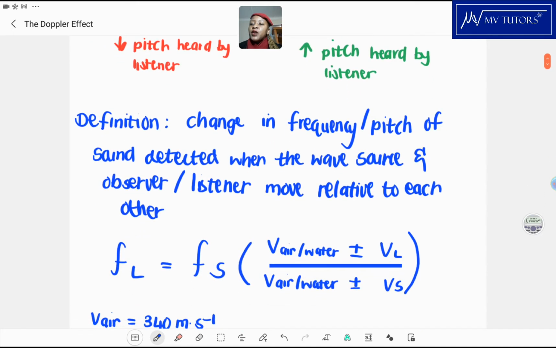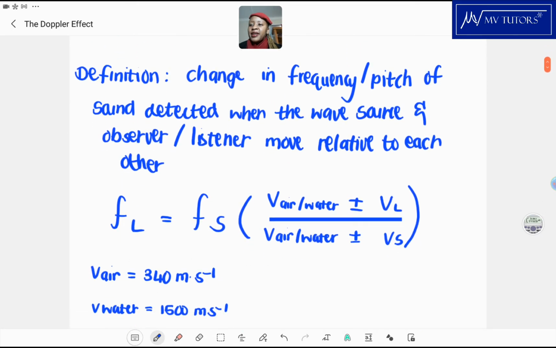And we use the following equation to calculate. You have the frequency of the listener or observer, then the frequency of the source. Then you have the speed of sound in air. Most of our examples are in air, or you could have it in water. It depends, but they'll always give you the speed of sound in air or in water.